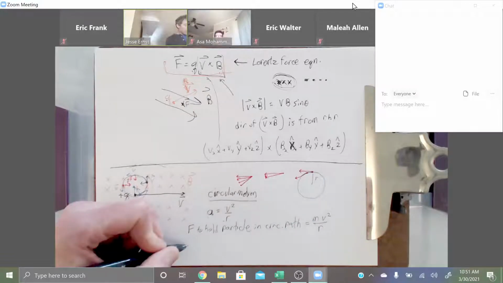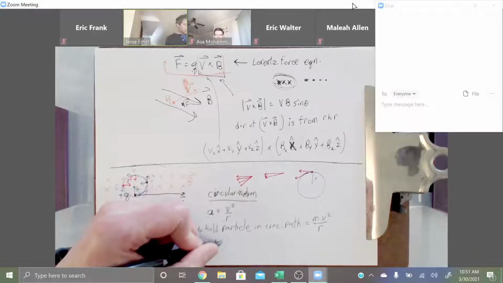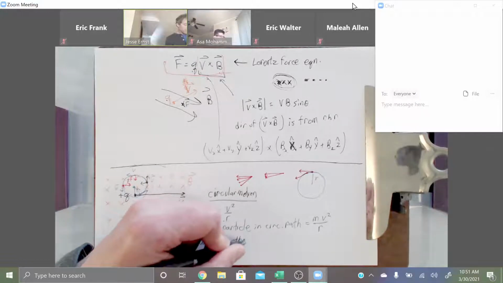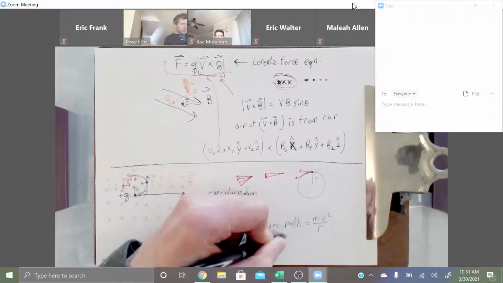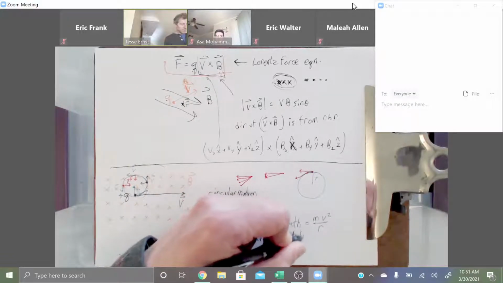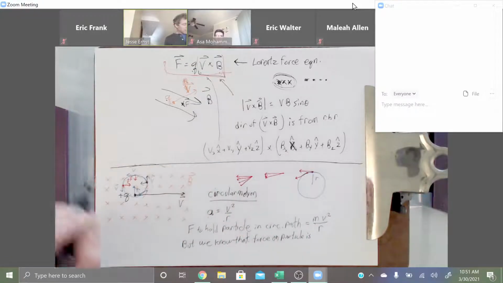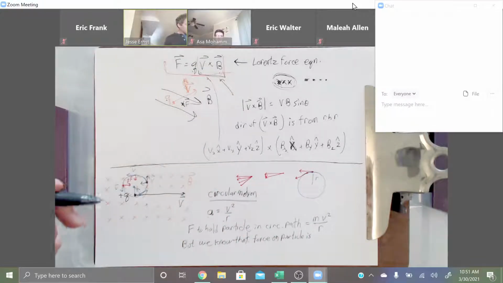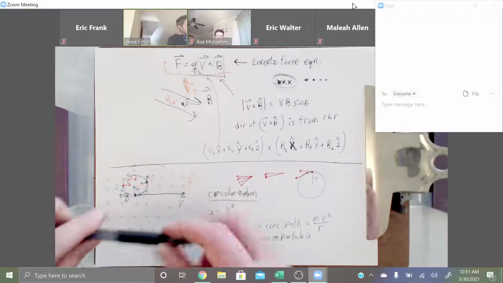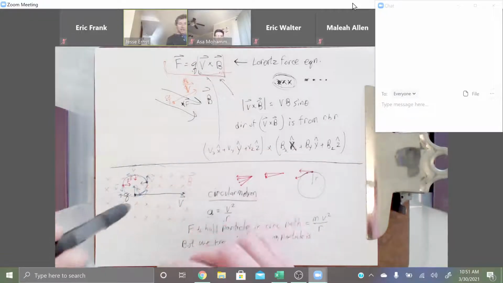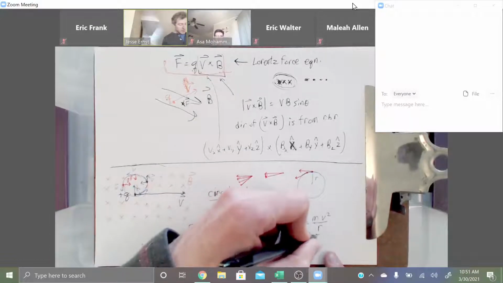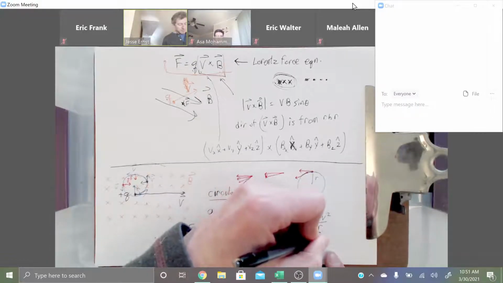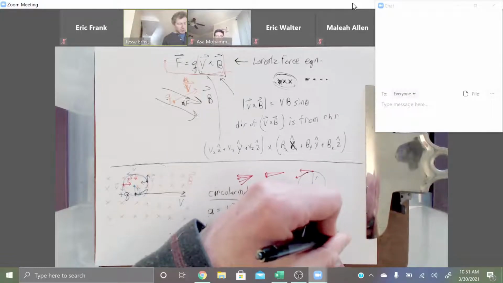And we know the force on the particle is, well, it's going to be q times v cross b. So q times the velocity vector crossed with b. And v and b are perpendicular. So q times v vector cross b vector.